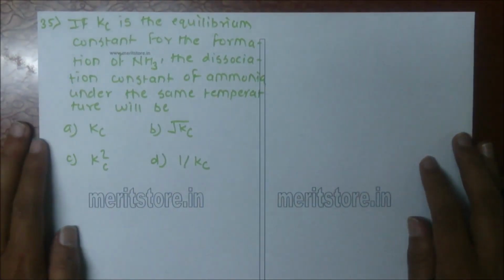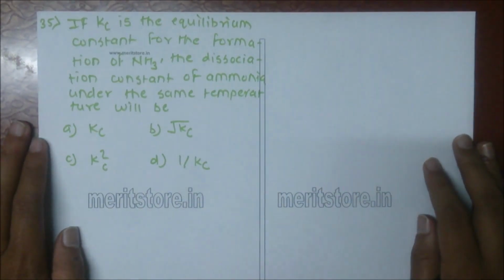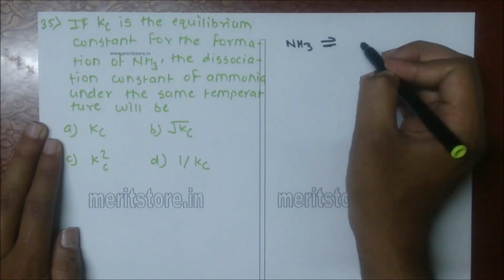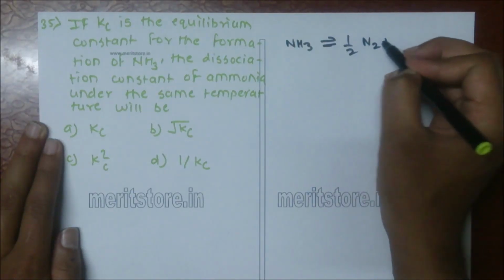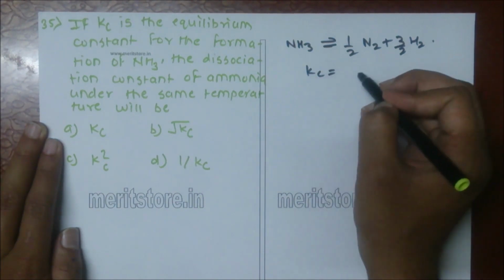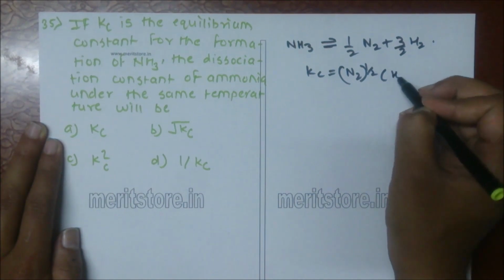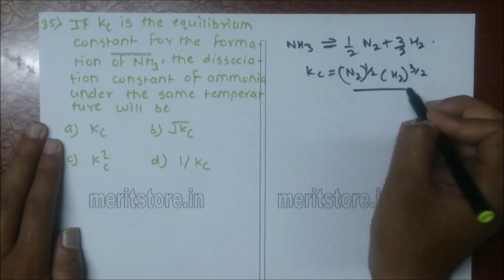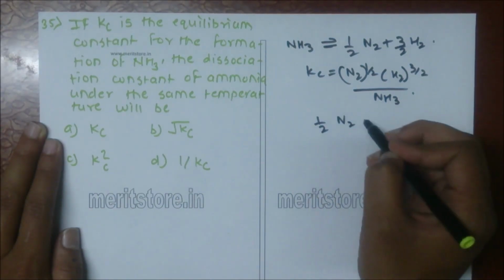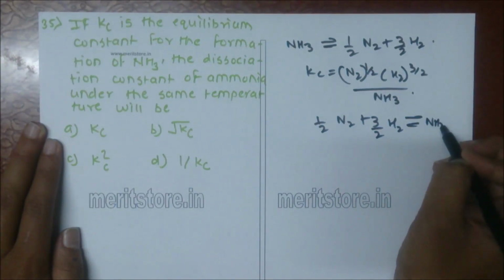If Kc is the equilibrium constant for the formation of ammonia, the dissociation constant for ammonia under the same temperature will be. Formation of ammonia can be given as half N2 plus 3/2 H2 giving ammonia.